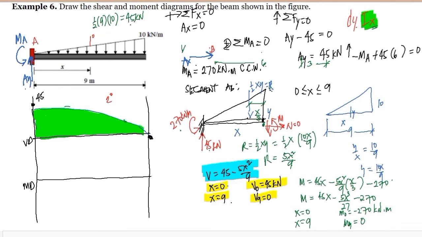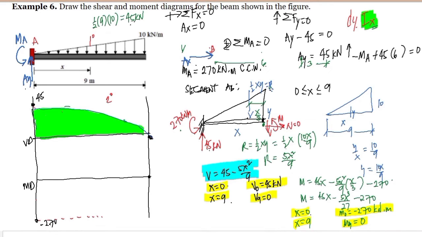Okay, so how about the moment? For the moment, we have at x is equal to 0, the moment at 0 is negative 270, and at x is equal to 9, the moment at 9 is equal to 0. Now, applying the idea of the dYIX, we have here our y-axis, and this is the x-axis. Now, the shear diagram will be the basis on drawing the curvature of our moment diagram.